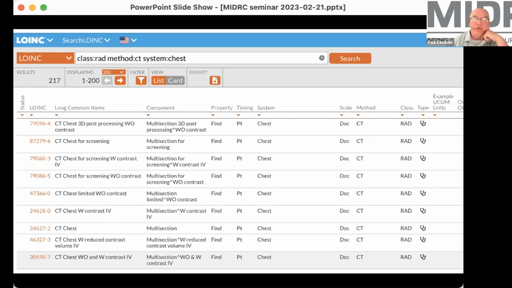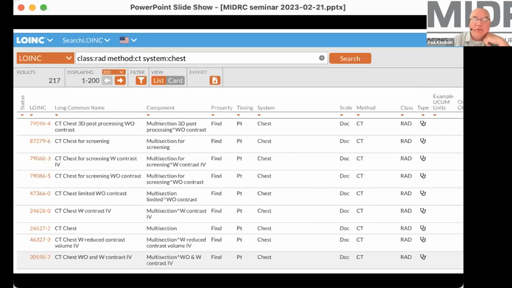I'll just take the first one as an example, if you can read that. There's a unique number. There's no significance to the number other than the fact that it's guaranteed to be unique. There's an associated long common name, which was the particular payload of interest for the MIDRC group. The long common name is guaranteed to be unique, and it's generated using an algorithm that pulls together all of the ancillary information about the scan.